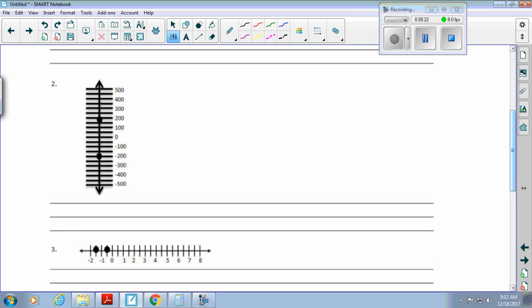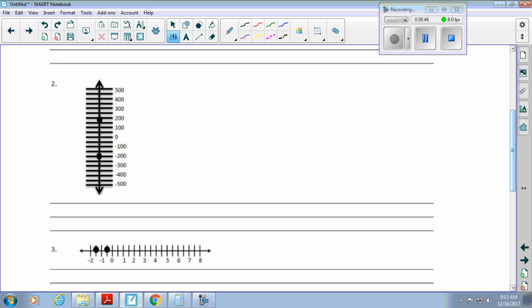Number 2. Everyone look in your book and identify the scale. It is labeled by 100ths, but what is each jump worth? Mackenzie. 1. Each jump is worth 1? Yeah.